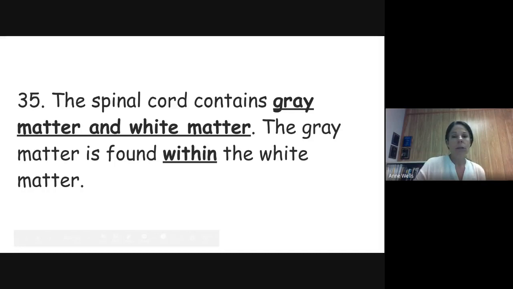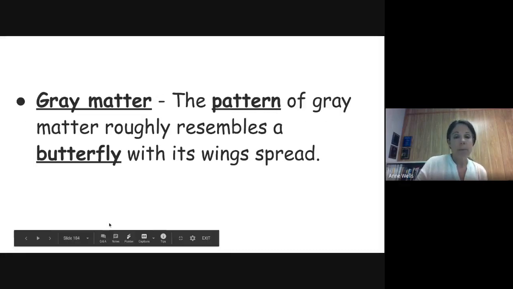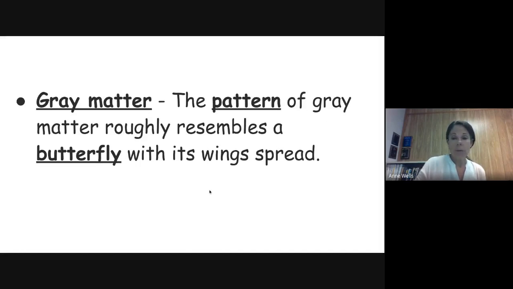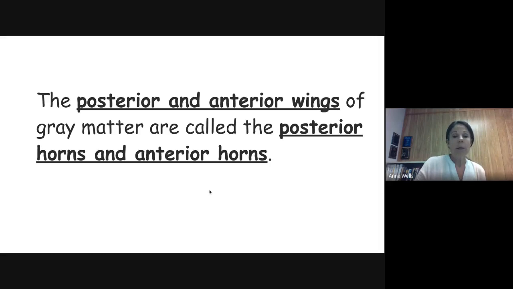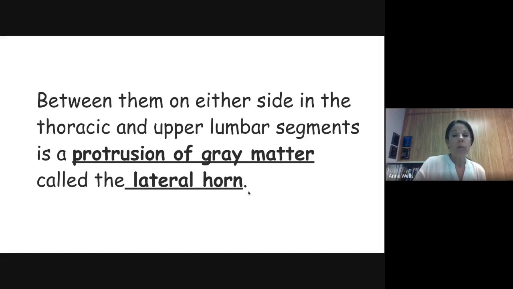Note number 35, the spinal cord contains gray matter and white matter. So remember, in a previous lesson, we talked about gray matter and white matter. The gray matter is found within the white matter. The pattern of gray matter roughly resembles a butterfly with its wings spread. The posterior and anterior wings of gray matter are called the posterior horns and anterior horns.